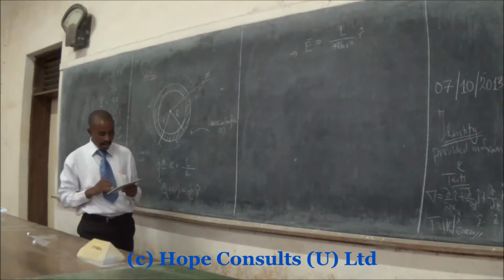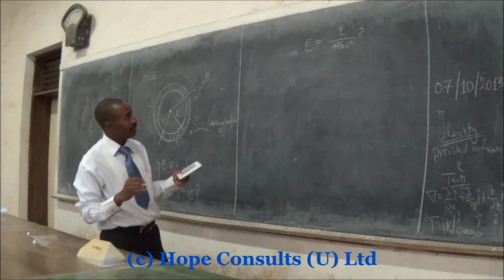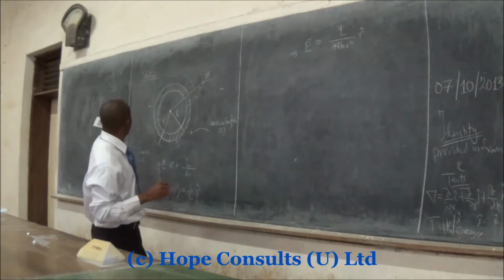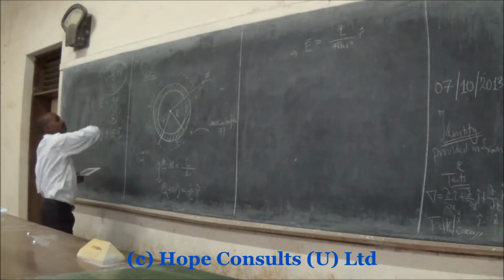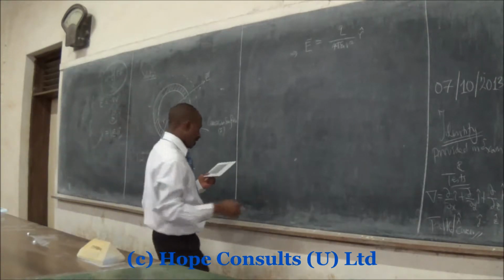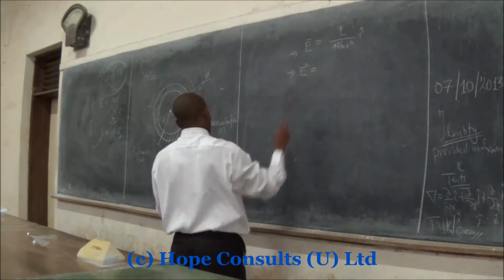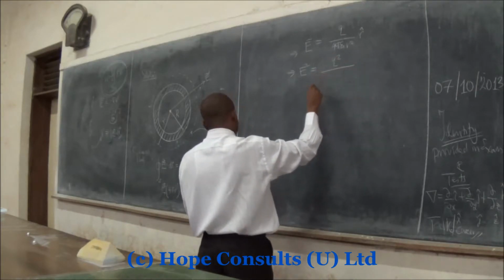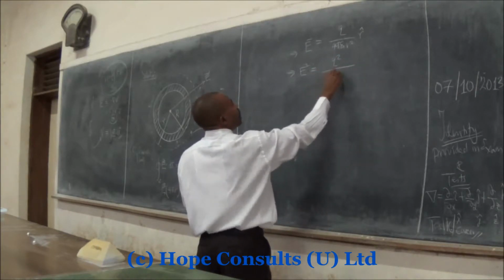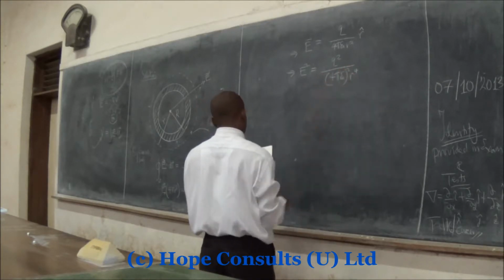And then I now can apply my idea to make sure I fit within the energy equation, so that I first get the E squared. So this would imply that E squared is equal to Q squared over (4 pi epsilon naught) squared r to the 4.